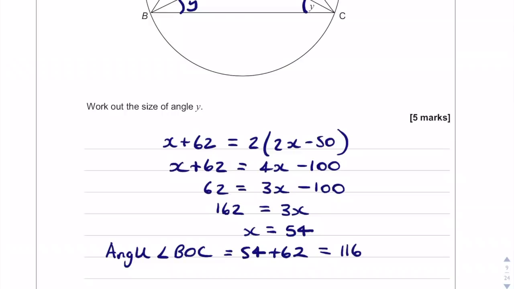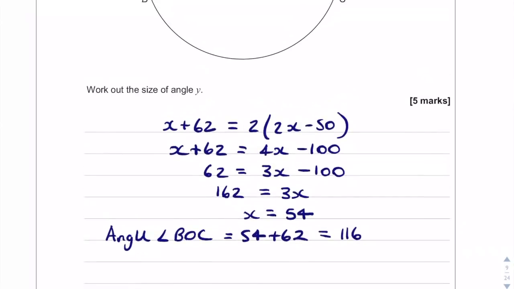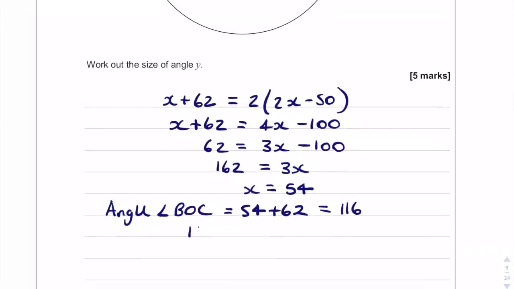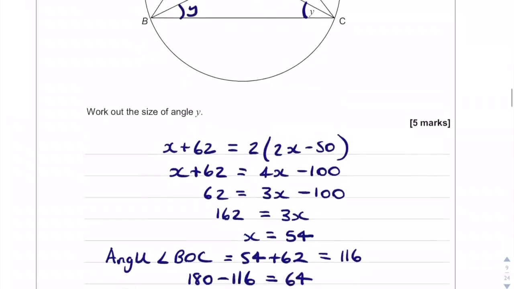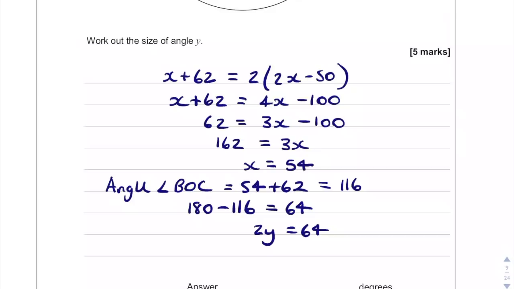And then to work out y, well, I know I've got two angles that are equal. So the total of those two angles are going to be equal to 180 minus 116. So 180 minus 116 is equal to 64. And I'm basically saying that 2y is equal to 64. So I can now divide both sides of this equation by 2 to get my value of y. So y is 32.